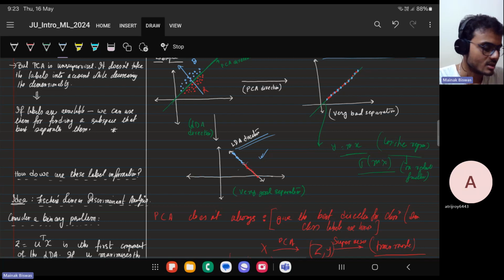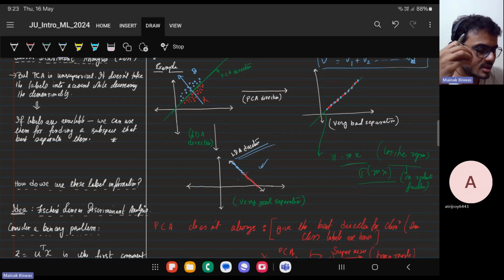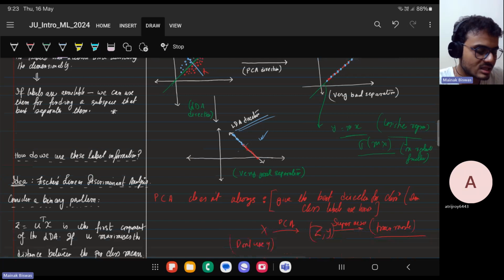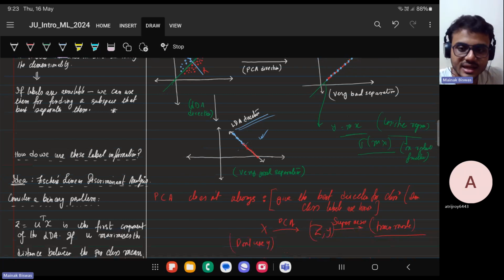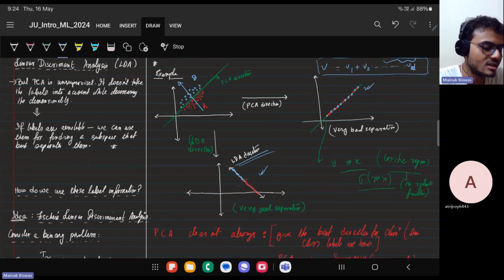No, okay. So my idea is, did you understand that when people go from X, they do PCA to get the Z, the reduced dimensionality, use the pair Z, Y, and do supervised learning to train the model on it. Then you can have bad classifiers sometimes like this, right?